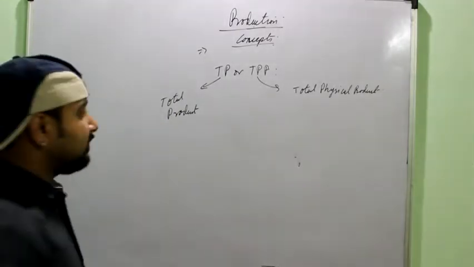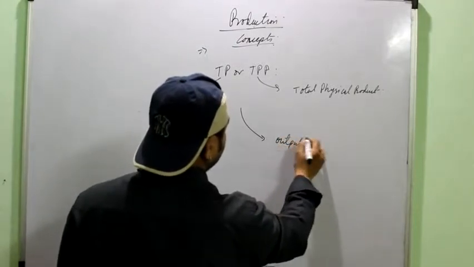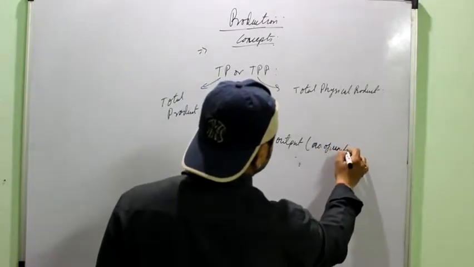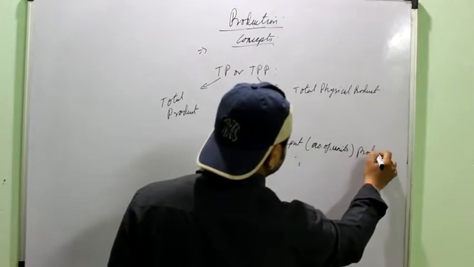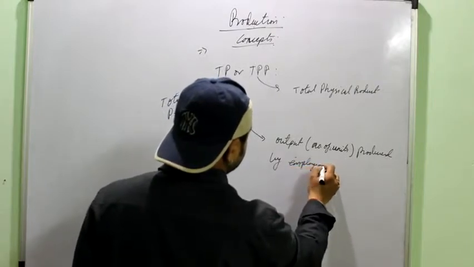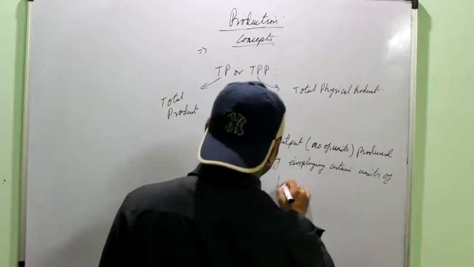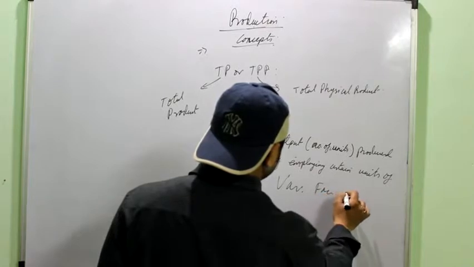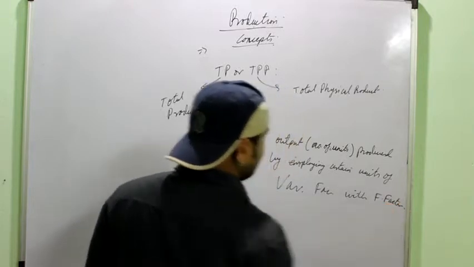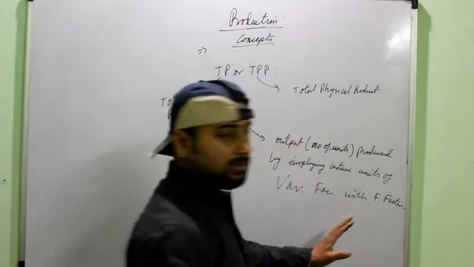TP or total physical product means it is the output, the number of units produced by employing certain units of the variable factor with the fixed factor.